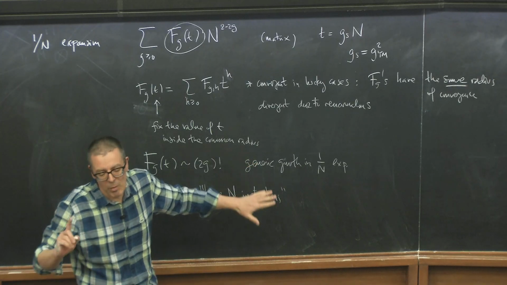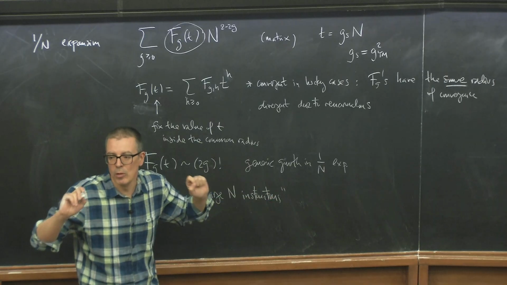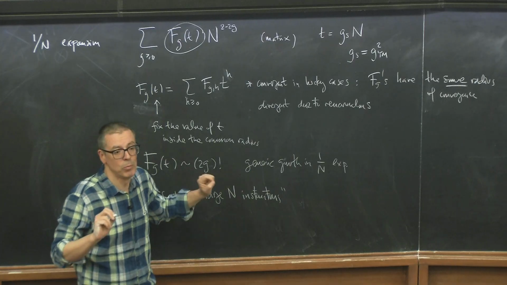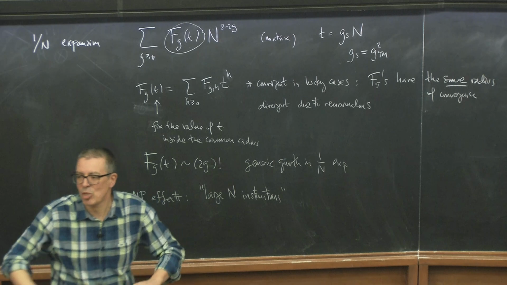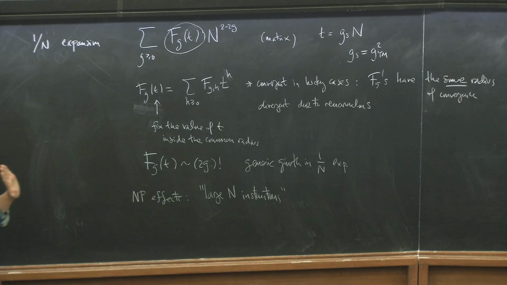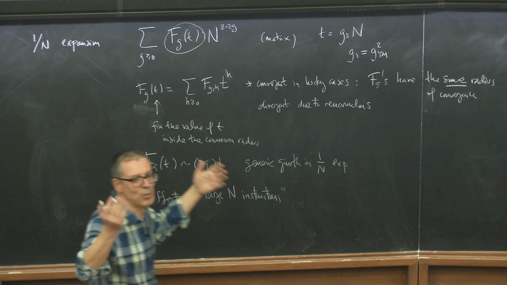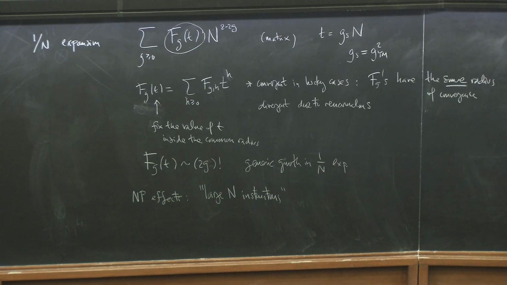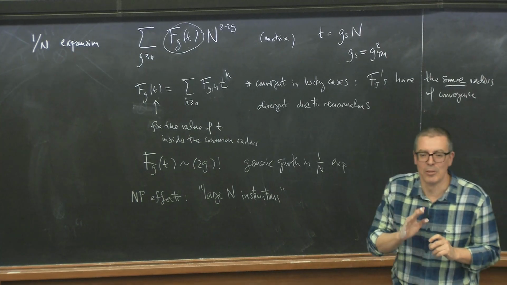Today, maybe tomorrow, I will give you a beautiful example of large N instantons in matrix models where you can actually make this very precise. But in, say, Yang-Mills, what is the kind of configuration responsible for the factorial divergence of the 1/N expansion? I don't think anybody has a very clear idea what it is, okay? Even in Chern-Simons.